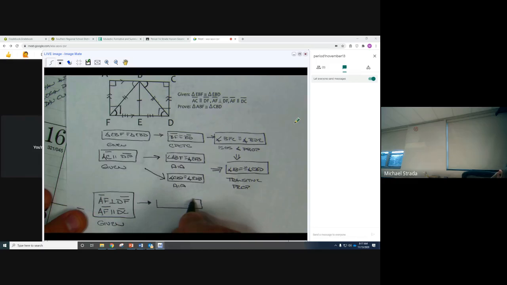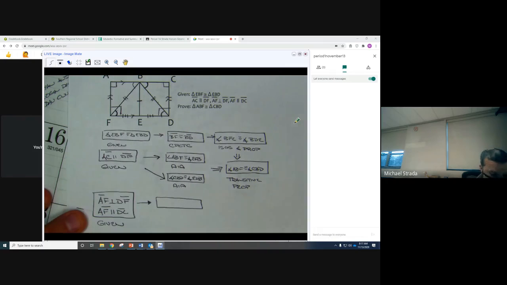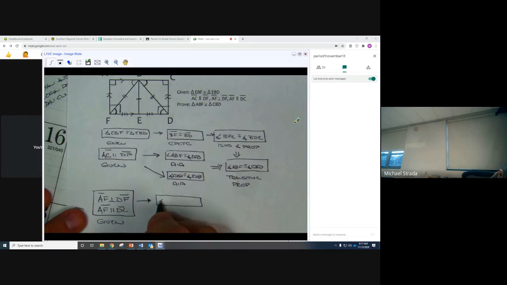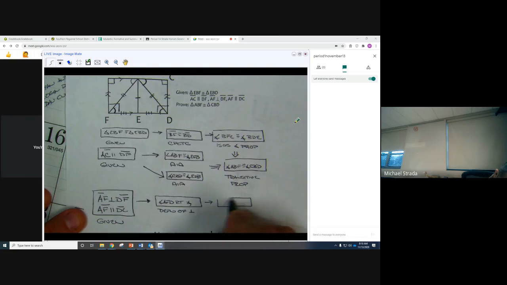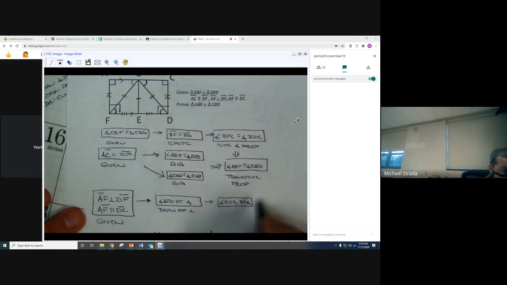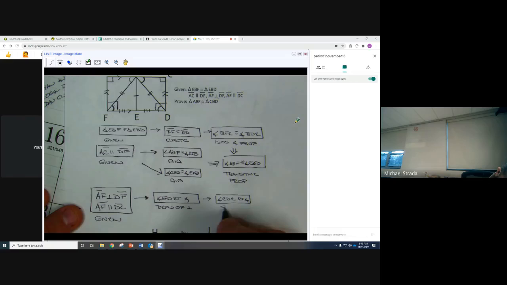You got to realize you can't say it all at once because one comes from the other. The first thing we said is angle AFD is a right angle. Definition of perpendicular. That allowed us to say angle CDE was a right angle. Because of what? Same side interior angle.